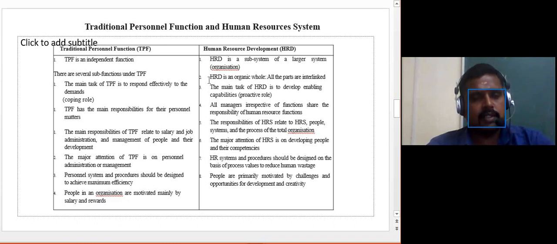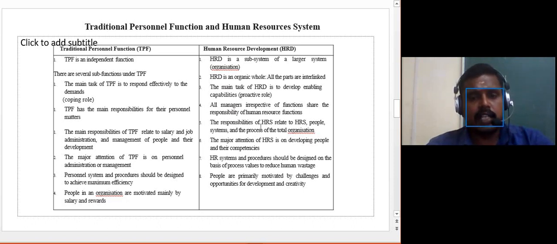And the next one is the main responsibilities of traditional personnel functions. They relate to wages and salary administration, fixing the roles and responsibilities of all the employees in a particular organization, managing the people in a very good manner and developing their skill sets.